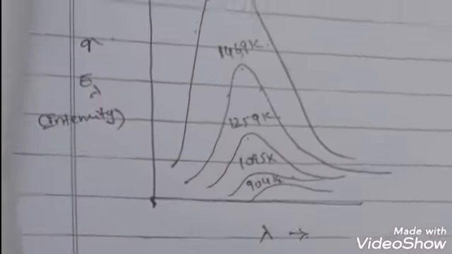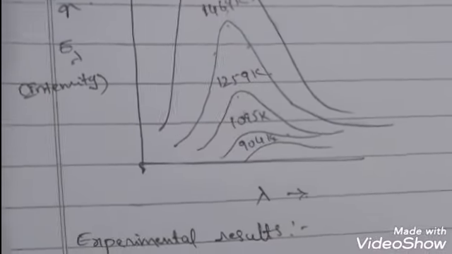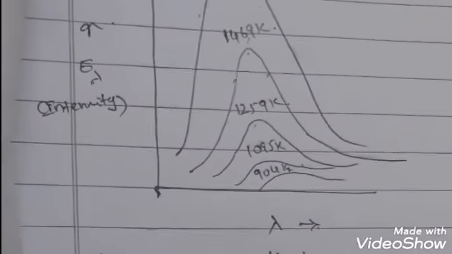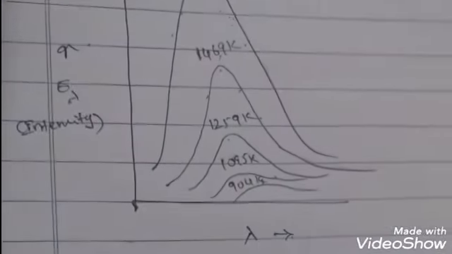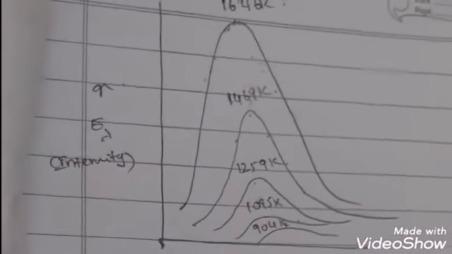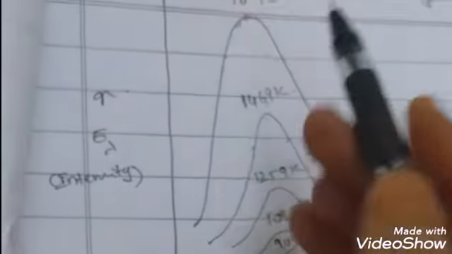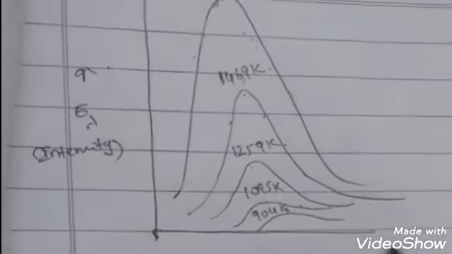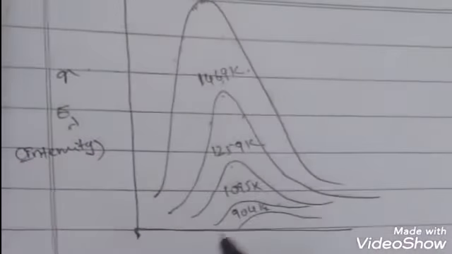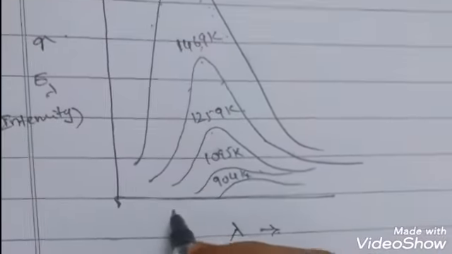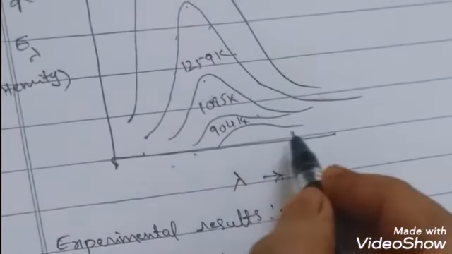Next, the wavelength corresponding to maximum energy, represented by the peak of the curve, shifts towards the shorter wavelength, right? The wavelengths here are in microns, like 1 micron, 2 microns, 3 microns, 4 microns.